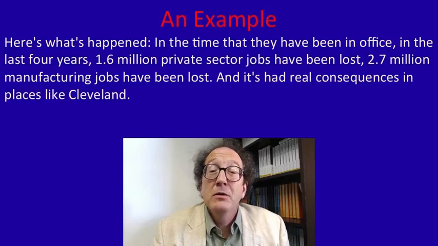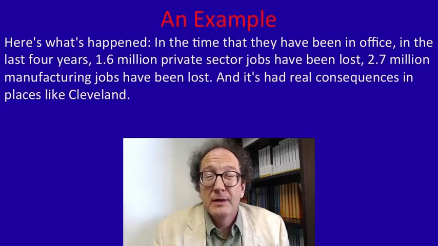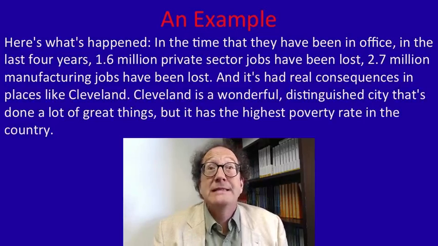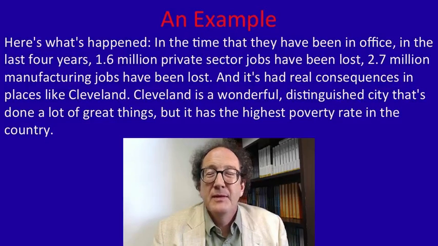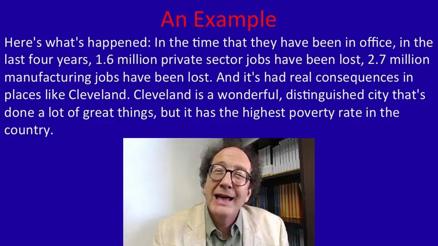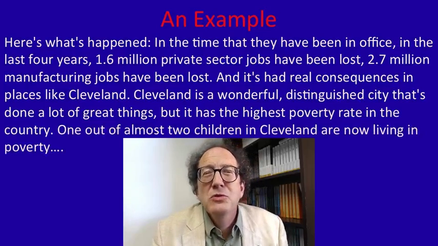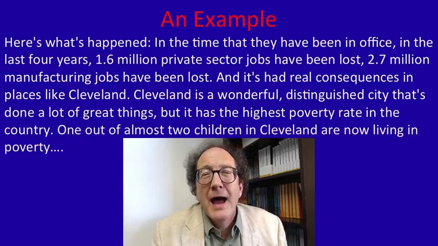And it's had real consequences in places like Cleveland. Cleveland is a wonderful, distinguished city that's done a lot of great things, but it has the highest poverty rate in the country. 1 out of almost 2 children in Cleveland are now living in poverty.